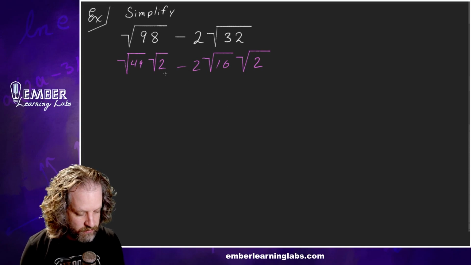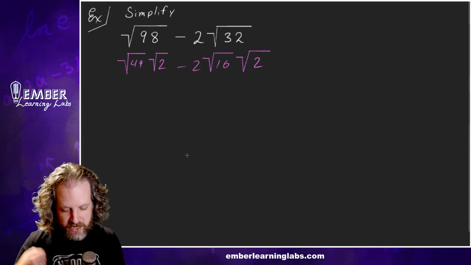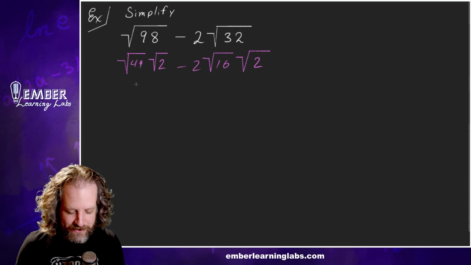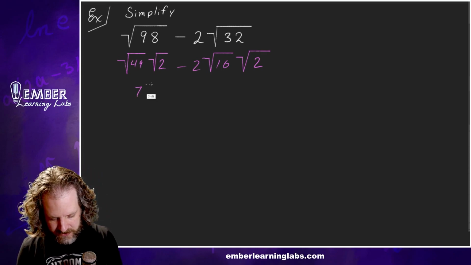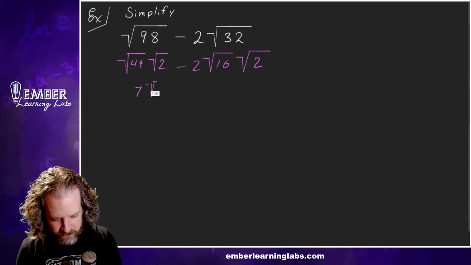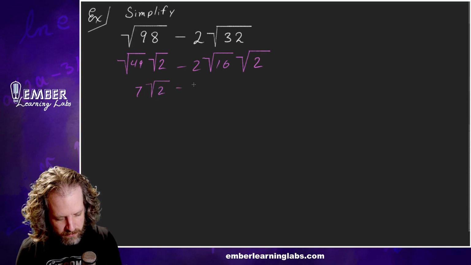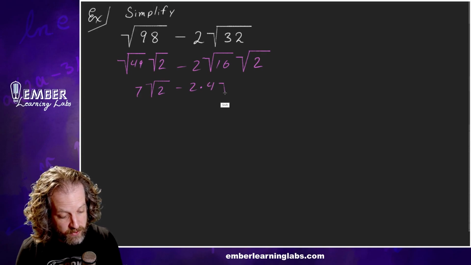Ooh, look, those roots match. Foreshadowing for the future. Square root of 49 is 7. And then we still have the square root of 2, minus 2 times the square root of 16, which is 4, times the square root of 2.